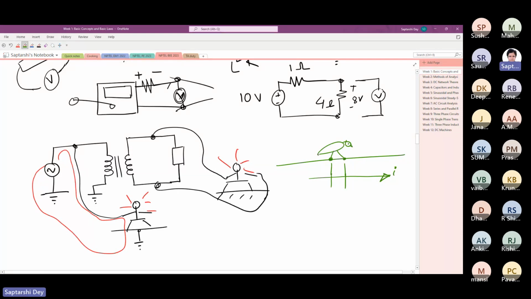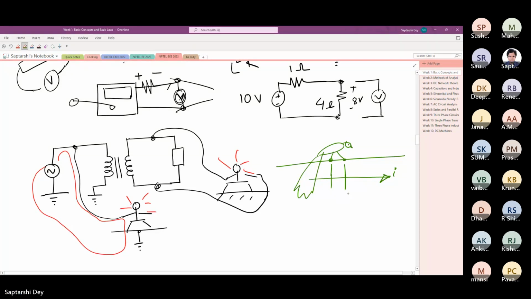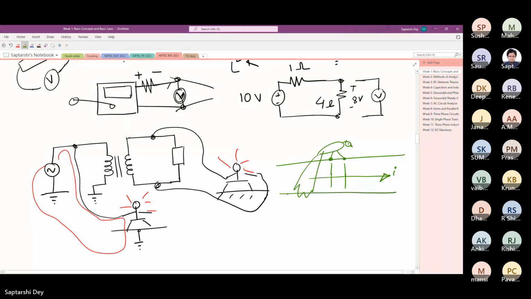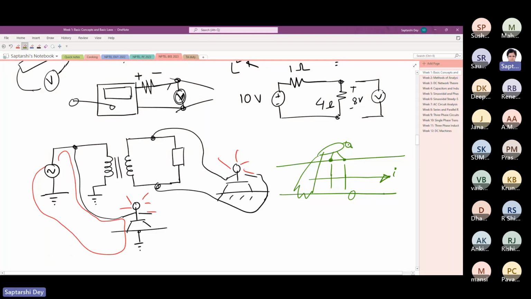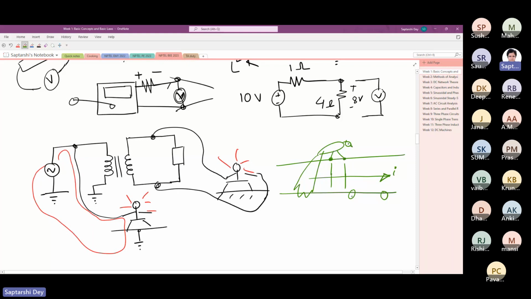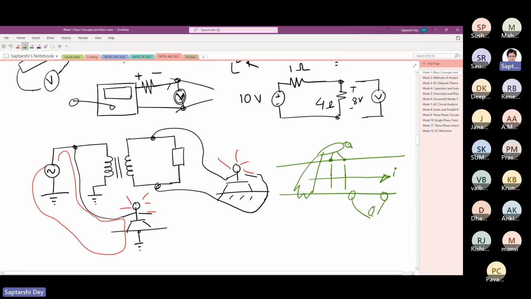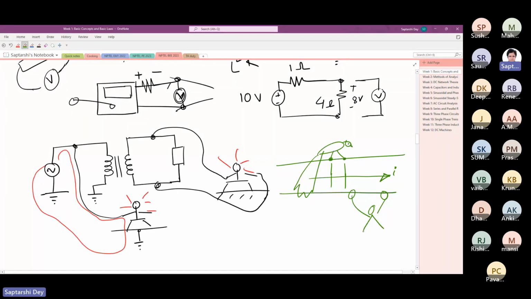But if this is a big bird which has a tail, and this tail touches another line, the bird will get a shock. Similarly, if some person, do not do this again, holds one line with both hands and hangs from a transmission line, he will not get a shock. But if he holds two lines with two hands, he will get a shock.